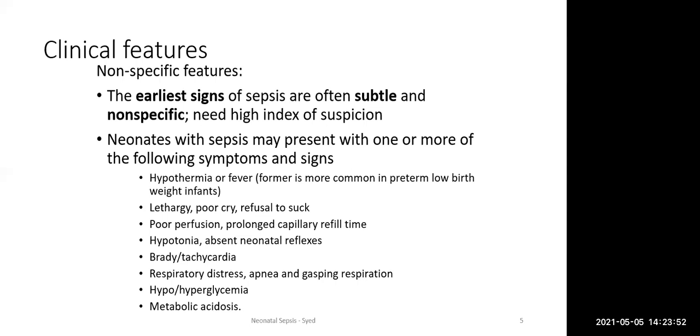So features, usually they are very non-specific. Early signs would be subtle and non-specific, such as hypothermia or fever. But remember, hypothermia is more common in babies compared to fever. Lethargy, poor cry, feeding intolerance, autonomic dysregulation such as bradytachycardia, respiratory distress, and metabolic disorders like hyperglycemia or hypoglycemia.